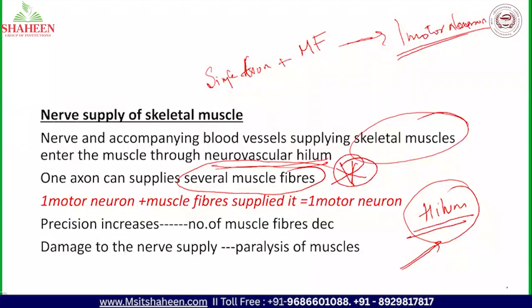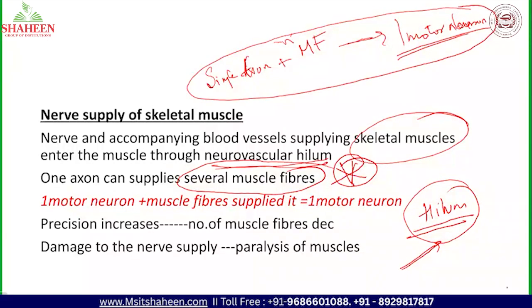Got it? There will be n number of muscle fibers supplied by this single axon. That is known as one motor neuron.